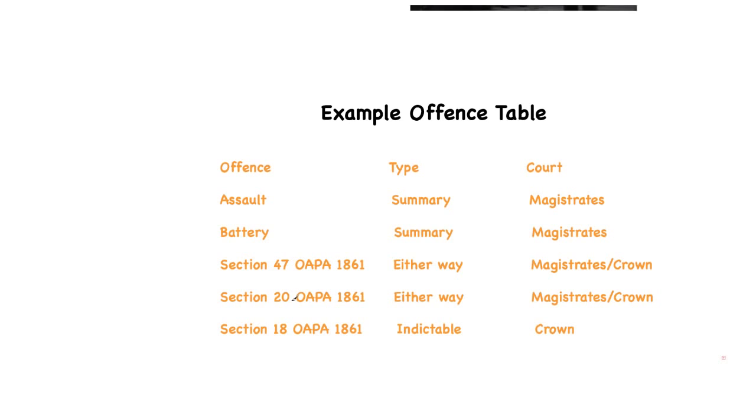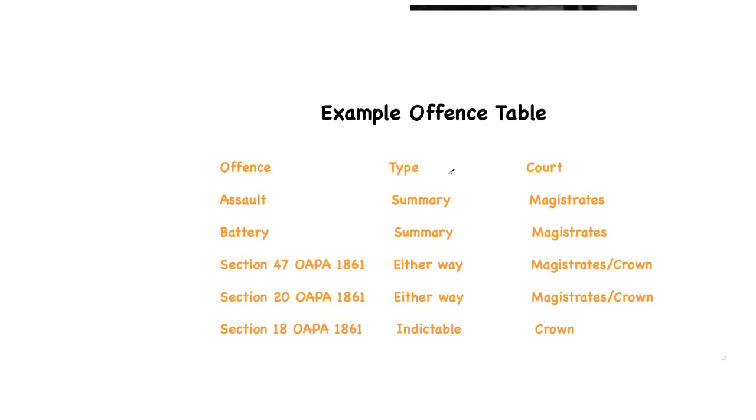Section 47 and Section 20 are either way offences and therefore will be tried in either the magistrates or the Crown Court. Section 18, GBH with intent, is an indictable offence only and can only be tried at the Crown Court. So I just wanted you to be aware that that was the case.